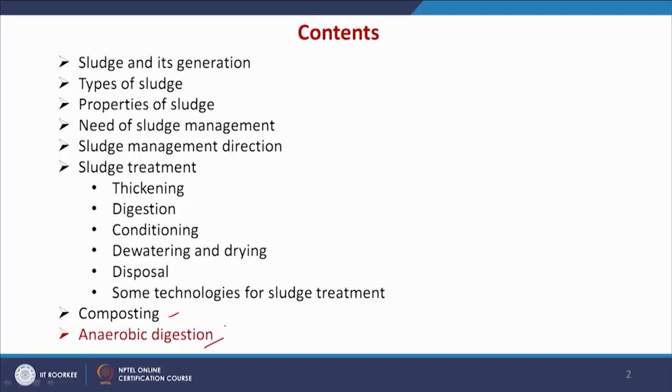Already we have mentioned in the previous class that the anaerobic process is used to digest the sludge, which is followed by dewatering and then drying and disposal, etcetera. Here we will be focusing on the mechanism part, what type of microorganisms are used, and what the kinetics of it are.